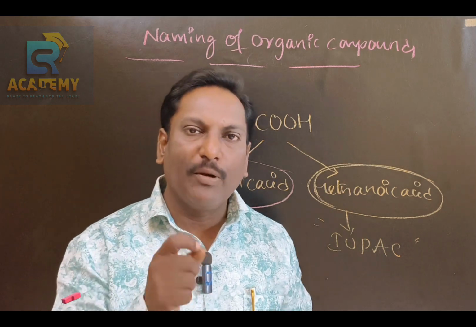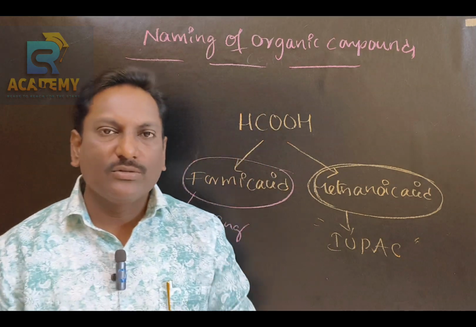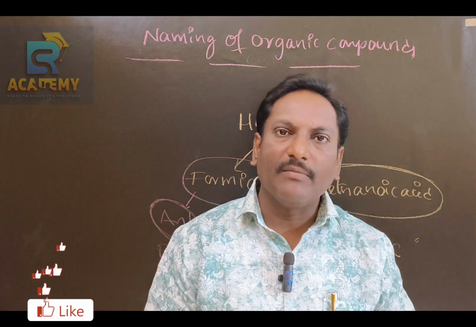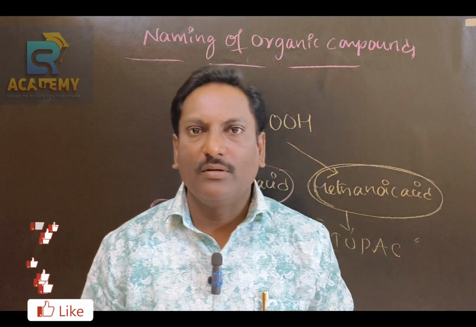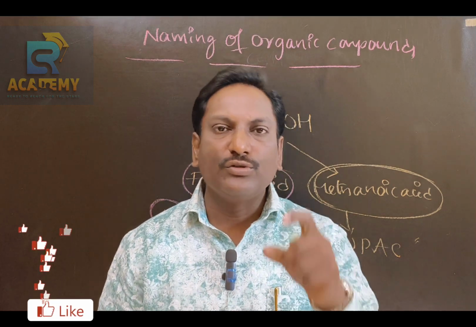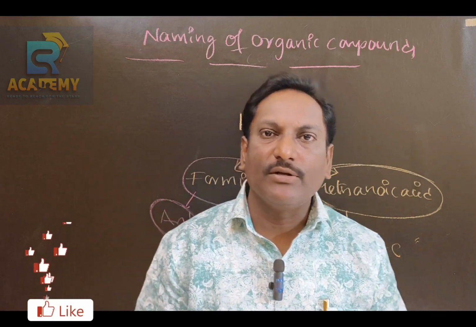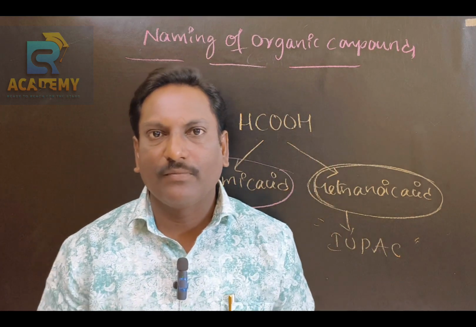What is IUPAC? IUPAC means International Union of Pure and Applied Chemistry. If you want to name any organic compound, you should follow the rules and guidelines given by the International Union of Pure and Applied Chemistry.